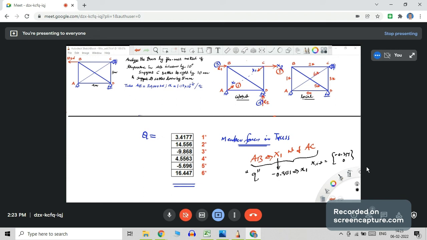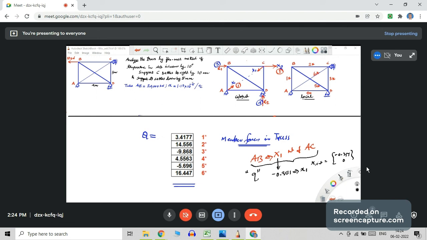And of course, if you are given a determinate structure, then in flexibility, what you can do is you can find out the displacement at various nodes, because there is no redundant force to solve. And also, if you are given a determinate structure, not only the displacement at nodes, you can also calculate the support reactions.